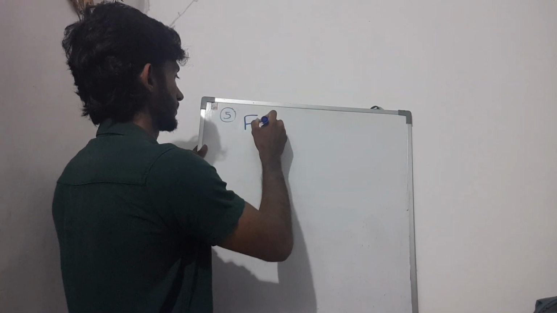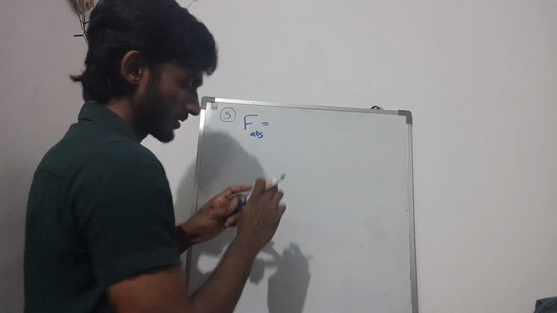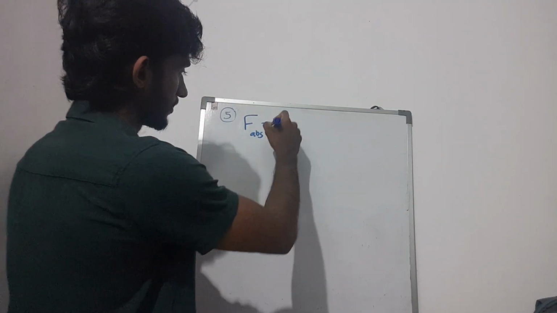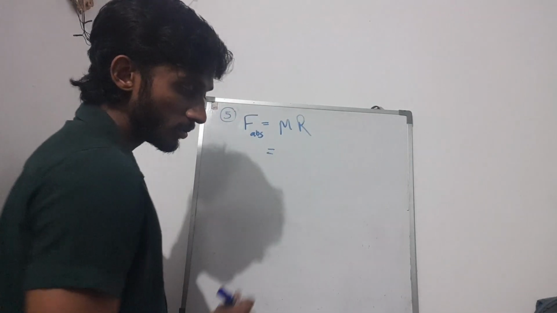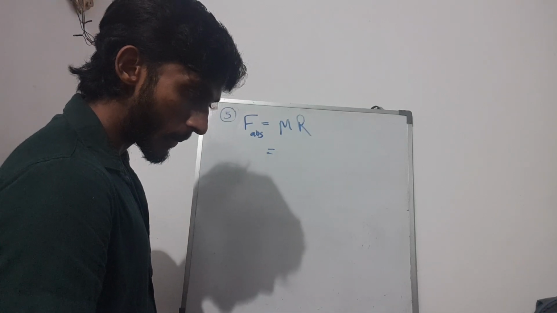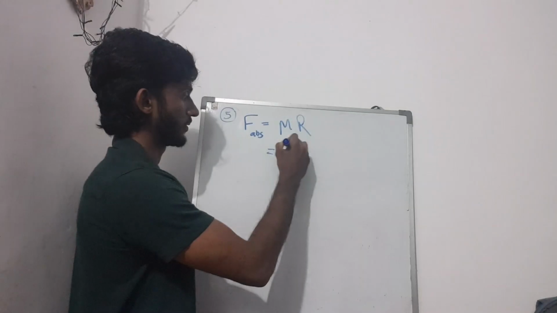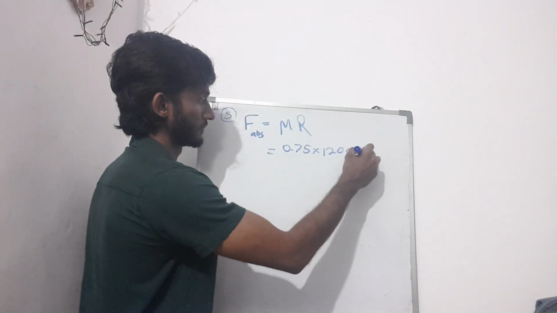F ABS equals mu R, mu is 0.75, R is 12,000.